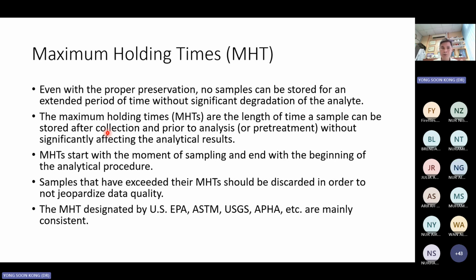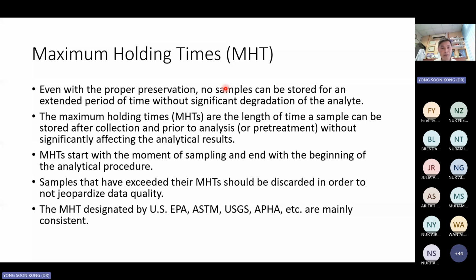When your analyte is destroyed, it's no longer valid. Your sample is of no use. So these are the things we have to be very, very careful about. What are we looking into in the sample? And we have to tell ourselves, am I going to analyze these samples as quickly as possible, or do I have time to wait because they're stable?